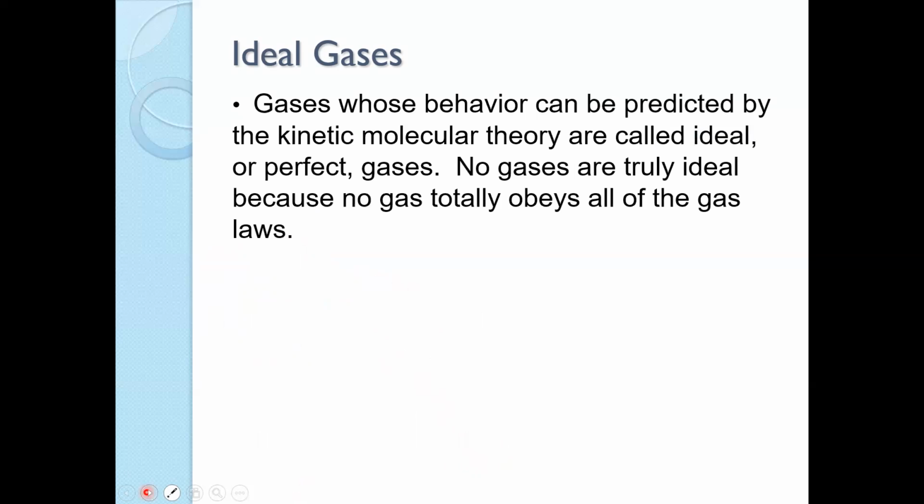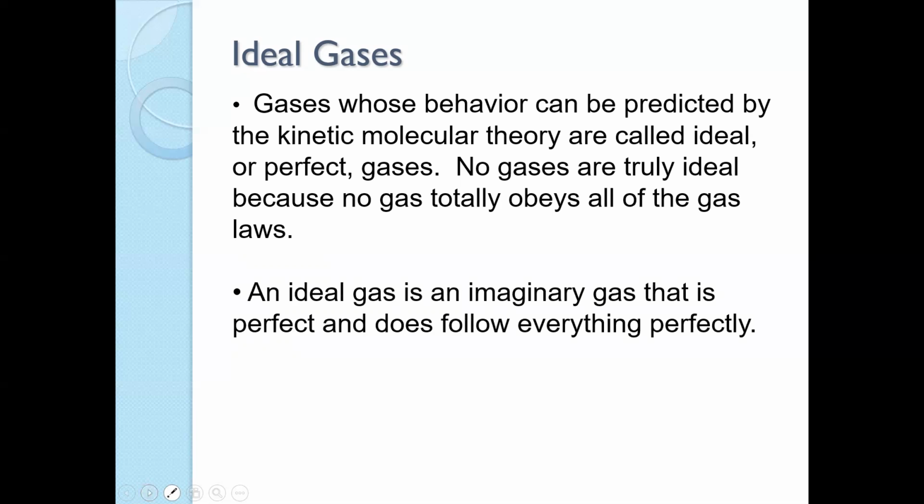Ideal gases. Gases whose behavior can be predicted by the kinetic molecular theory are called ideal or perfect gases. No gases are truly ideal because no gas totally obeys all the gas laws. An ideal gas is an imaginary gas that is perfect and follows everything perfectly.